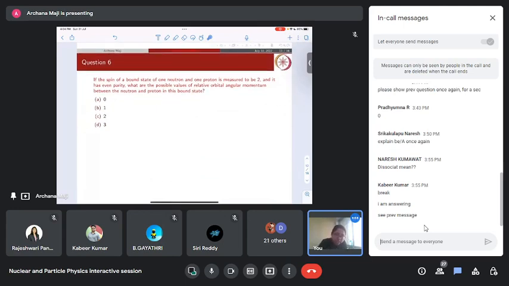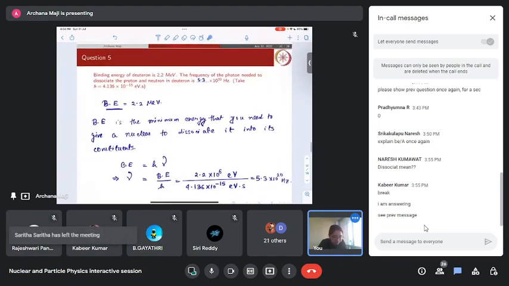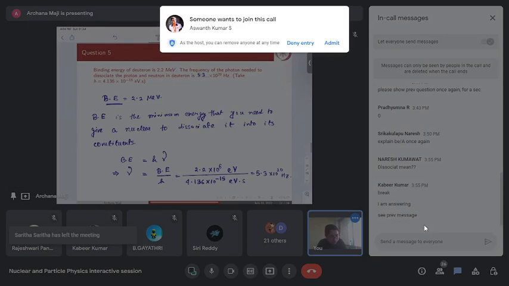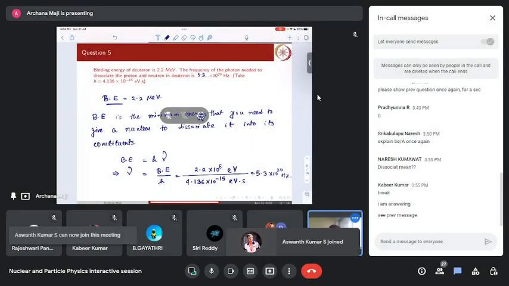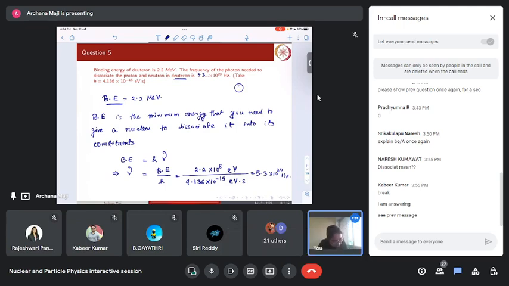Dissociate means: if you have a deuteron, inside the nucleus of deuteron you have one proton and one neutron.